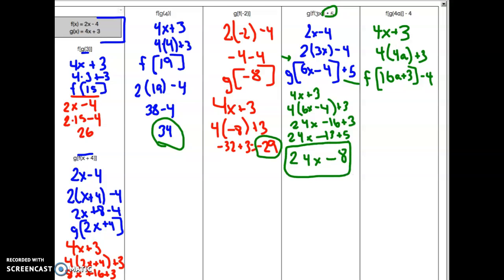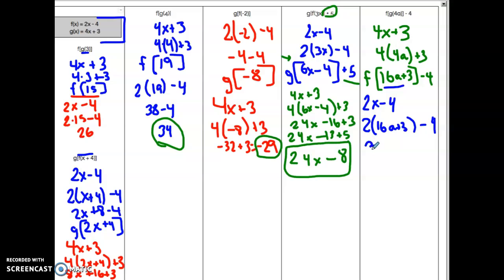Last one here, hopefully, again, you got to this part here where we solved for g of 4a, which is 16a plus 3. Now I'm ready to insert that into my f function, which is 2x minus 4. So instead of 2 times x, I'm going to do 2 times 16a plus 3 minus 4.